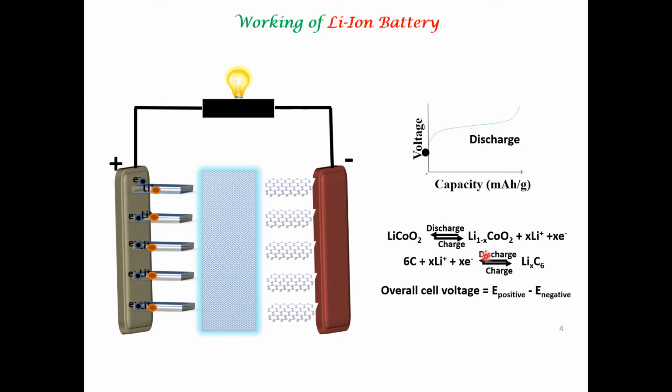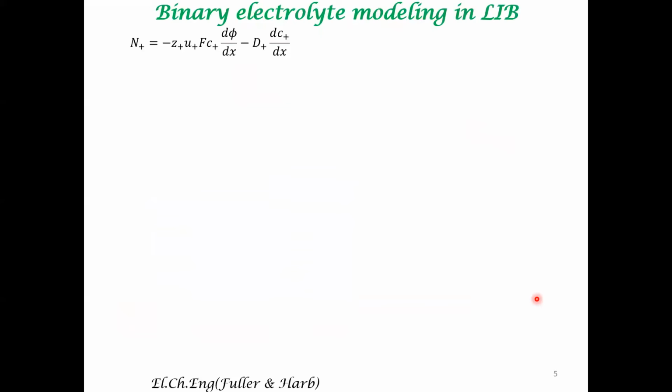But in principle, in an ideal battery, these two reactions can be reversed, and you can operate the cycle over and over again. And the overall voltage is given in the following manner. So let us apply the principles we derived for a general binary electrolyte.